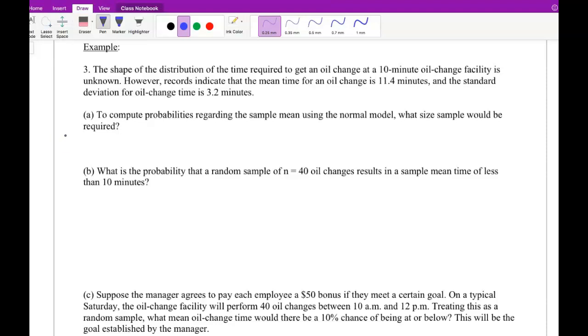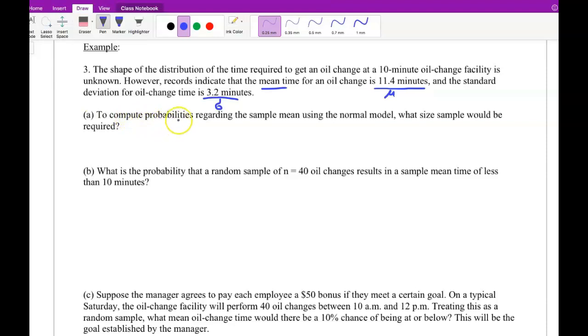However, records indicate that the mean time for an oil change is 11.4 minutes. So the mean here is 11.4, and the standard deviation is 3.2.